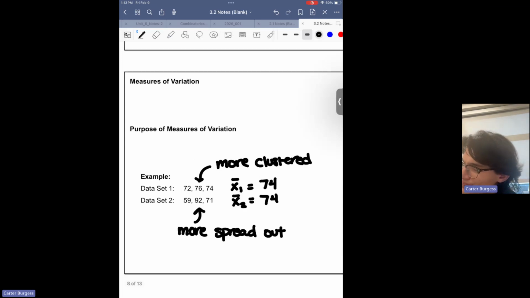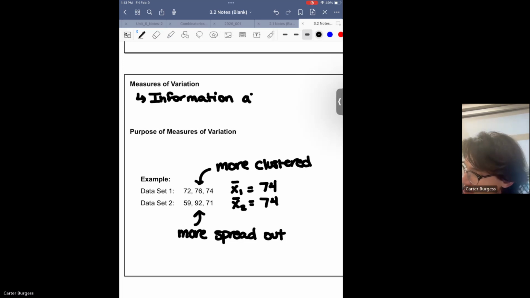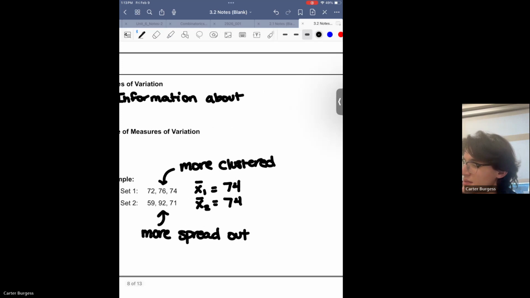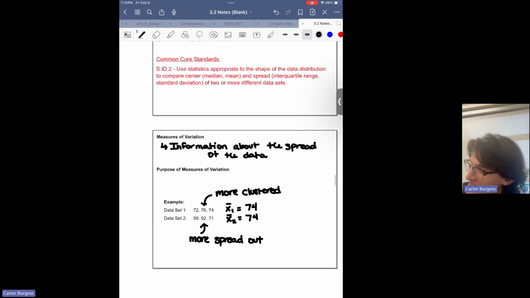So measures of variation. This is going to be information about the spread of the data, which we are going to think of as important because this is going to be supplementary information to just the center.